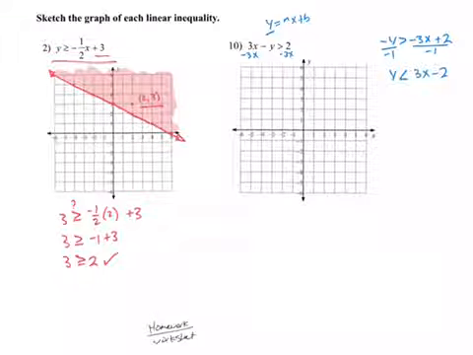Now my y-intercept is down here at negative 2. My slope is 3 over 1, a positive number, so I'm going to rise up 3, 1, 2, 3, and over 1. Up 3 and over 1. Or I can go down 3 and left 1. So I've got 4 points on there, and since this is just a less than, I'm going to be using a dotted line to graph this.